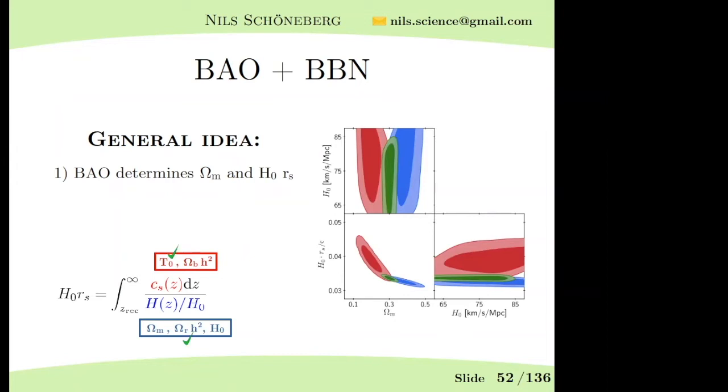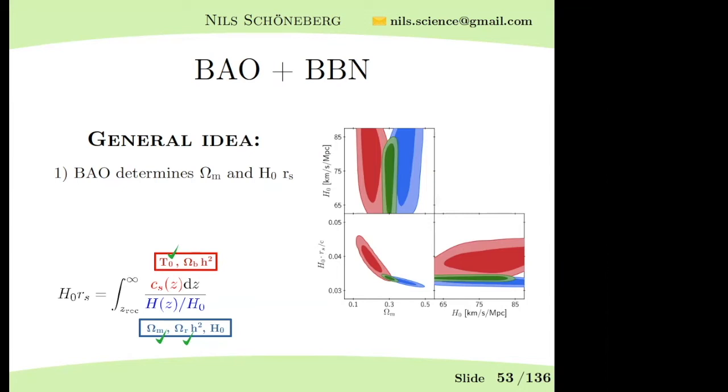So we know what the temperature of the CMB is, from the measurement of the FIRAS. We also know, because of this, the physical amount of radiation, because we assume no dark radiation, we just assume standard neutrinos, and thus we get this very nice correspondence. We have measured from the BAO themselves this omega m parameter, so there are just two parameters left that we have to determine to make this measurement.